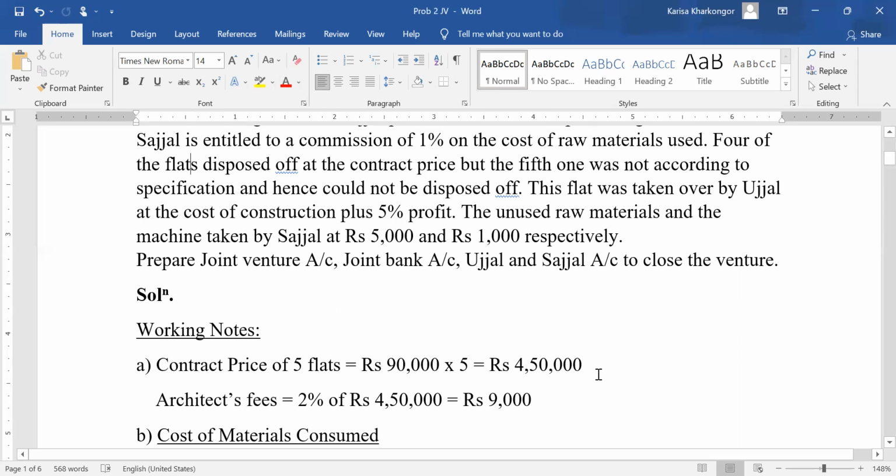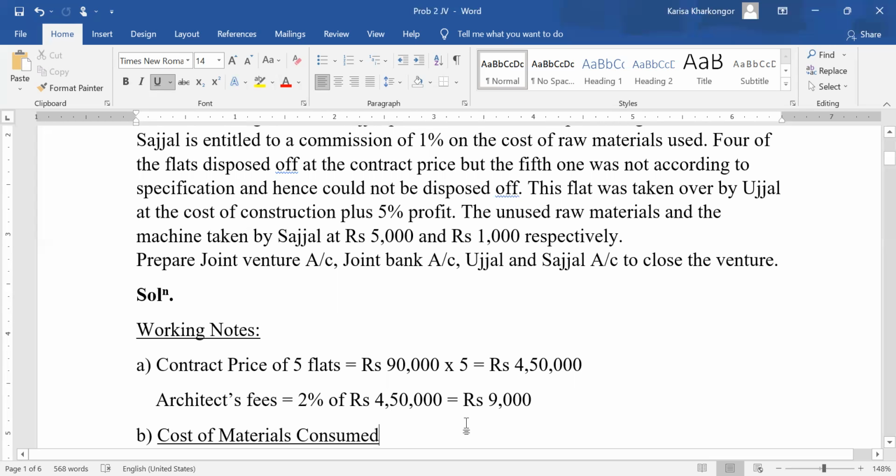From this amount, we can find out the architect's fee, which is 2% of the contract price. So architect fee is equal to 2% of the contract price, which is 4,50,000. 2% of 4,50,000 will give us rupees 9,000. So the architect fee is rupees 9,000.